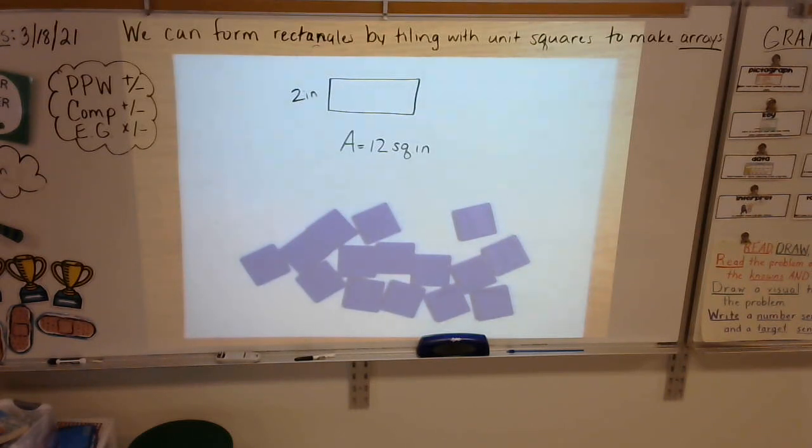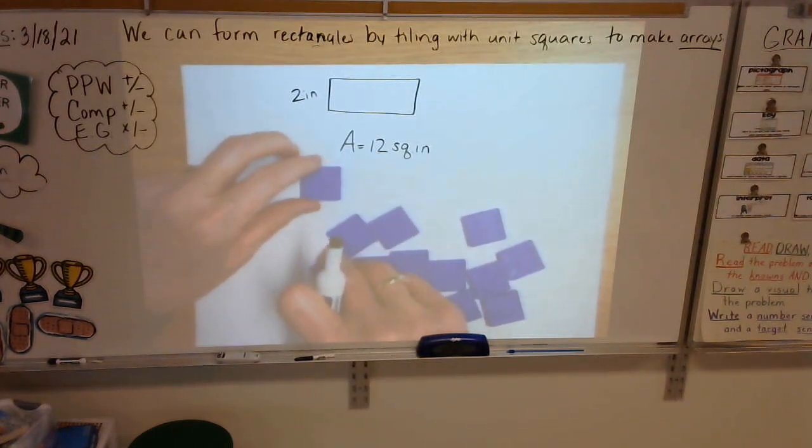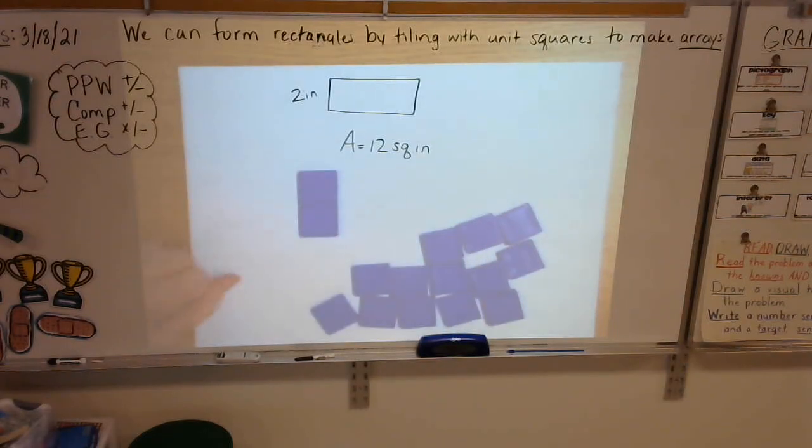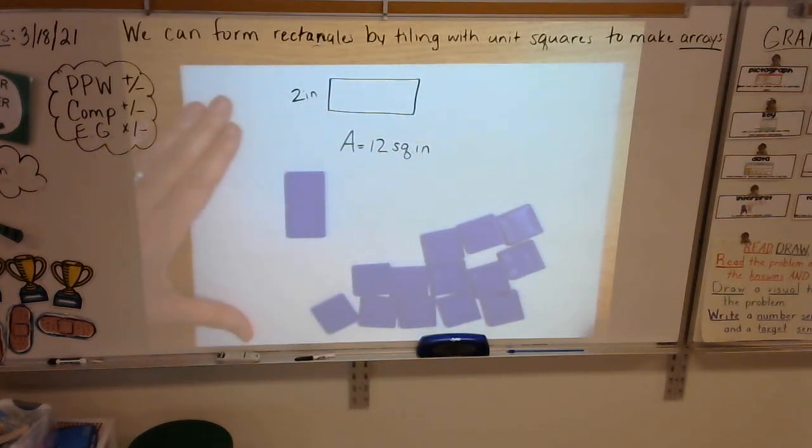So if you think about it, we can use skip counting to help us. You can do this at home with your tiles. I'm going to make one side that is 2 inches, just like it says up here, okay? Now, I need my area to be 12 square inches, so I can skip count by 2s and keep adding sets of 2 until I get to 12.